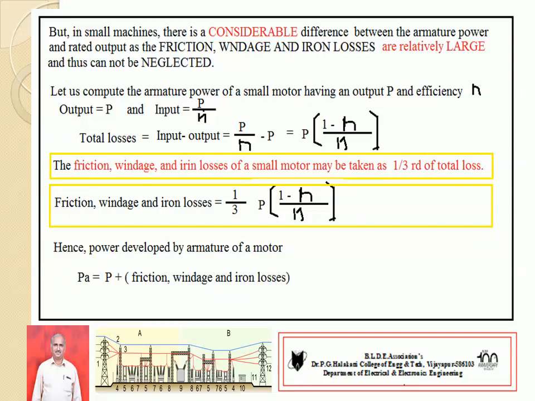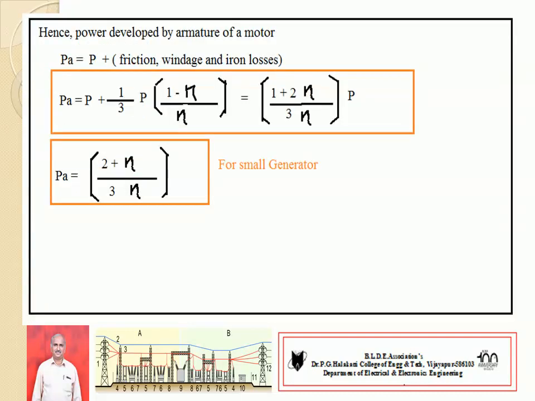Hence, friction, windage and iron loss must be equal to 1/3 of this total loss. Hence, power developed by armature in case of motor is PA equal to P plus friction, windage and iron losses.